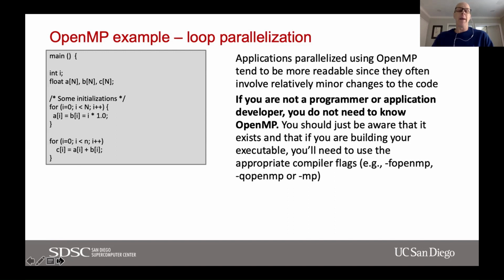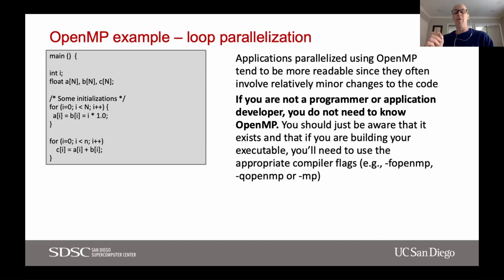Like we did for MPI, we're not going to get into the details, but I just want to show you what an OpenMP application looks like. If you're not a programmer, you could ignore this content. If you have a little bit of programming experience, though, this is a C implementation of a couple of simple loops, where we take two arrays, A and B, and we initialize them, and then we add them element by element and store them in array C. Applications parallelized using OpenMP tend to be more readable, since they often involve relatively minor changes to the code.